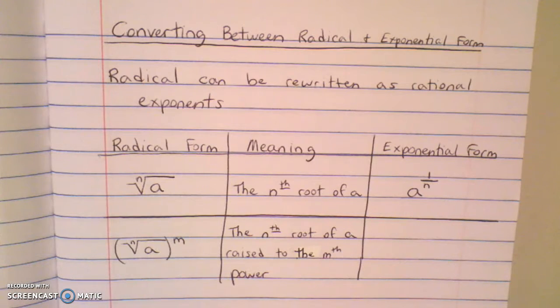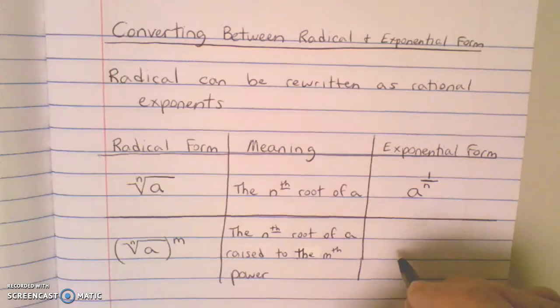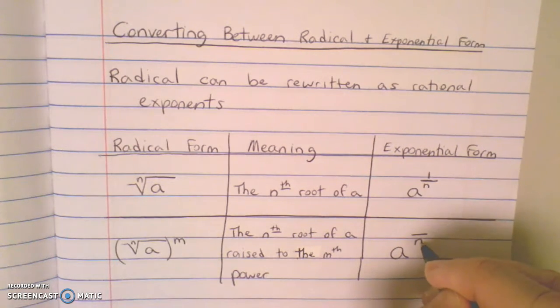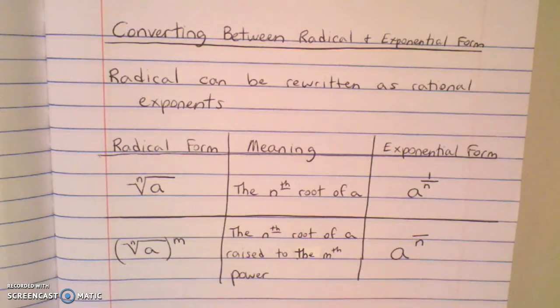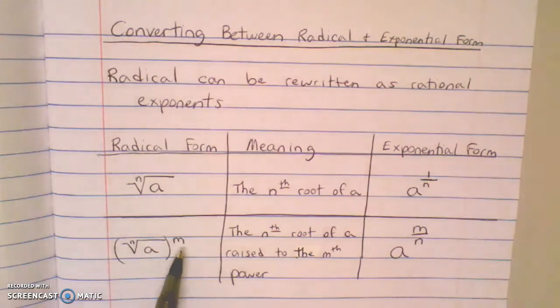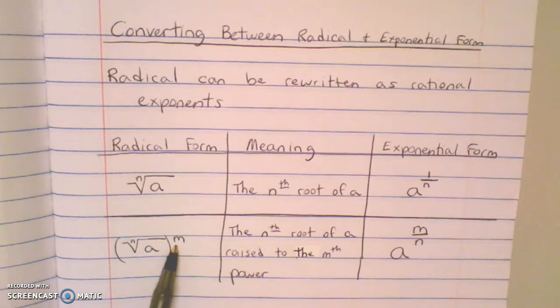And that'll look very similar to the one above, where you take the number underneath the radical, the index or the root goes underneath in the denominator, and then whatever you're raising it to, and this time it's not 1 because you're raising that number to a different power.